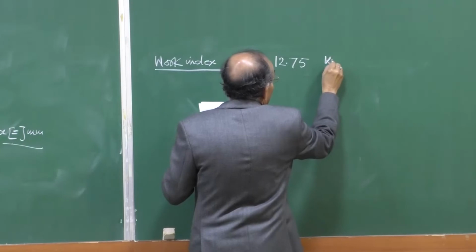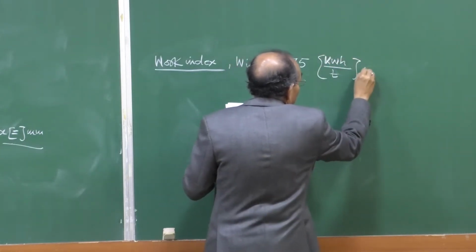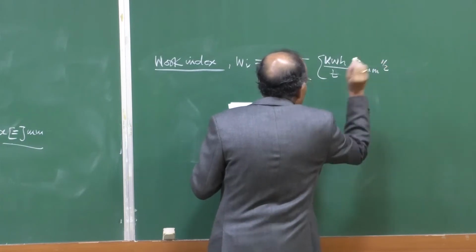kilowatt hour per ton into millimeter raised to the power half.